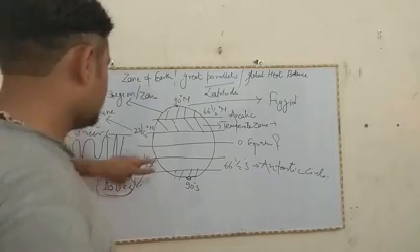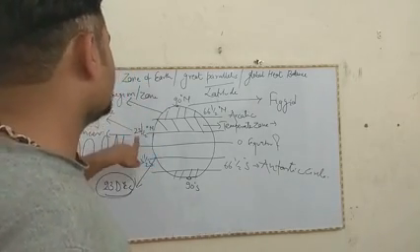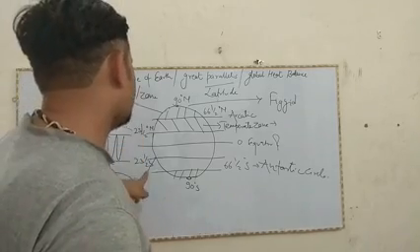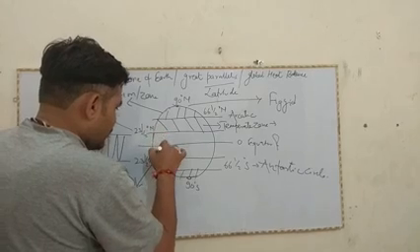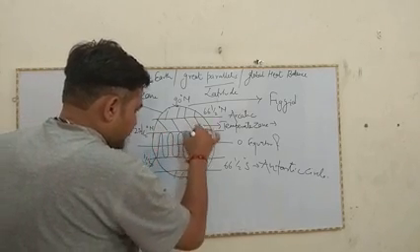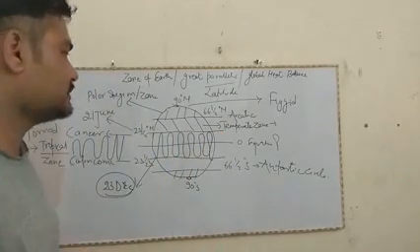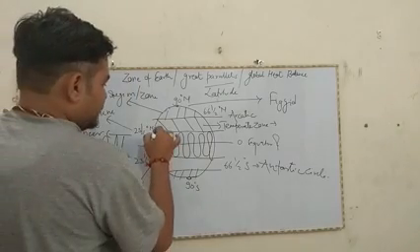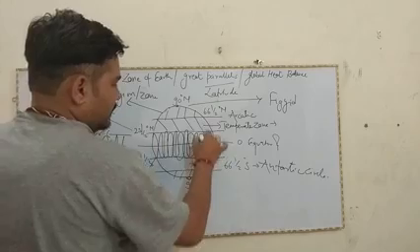So that means sun moves from 23 and a half degree north to 23 and a half degree south, in which that zone is getting the direct energy of sun.